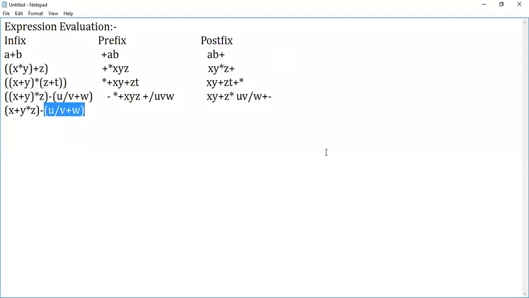Santosh, check the code again. Yeah, now it is right, Ganesh. Amatya. No, Amatya.